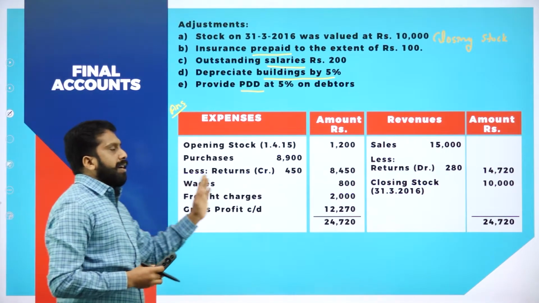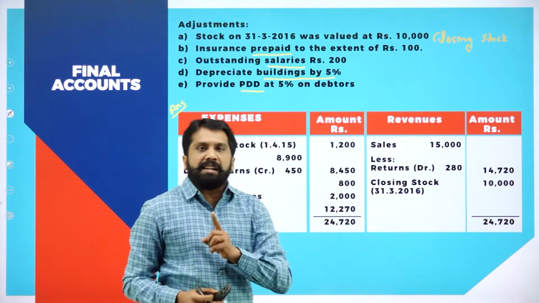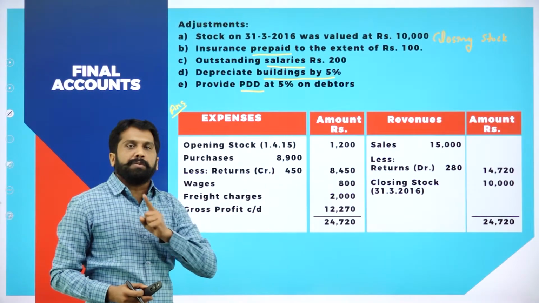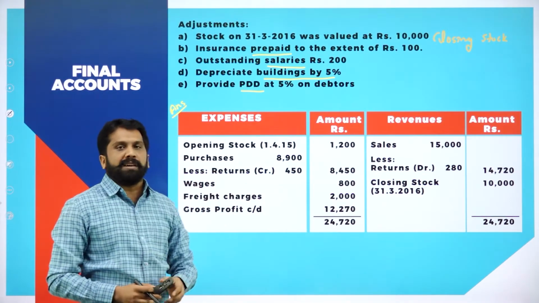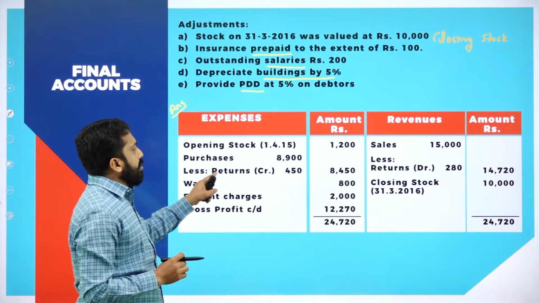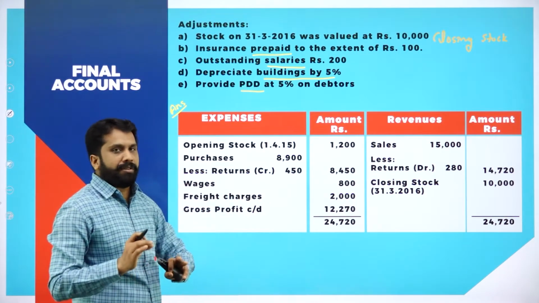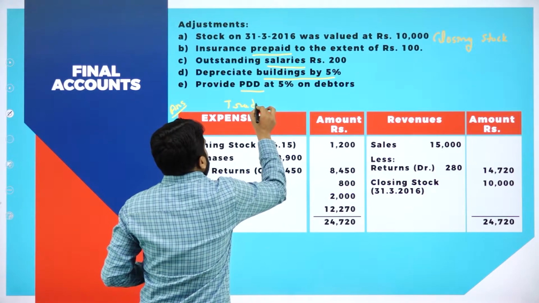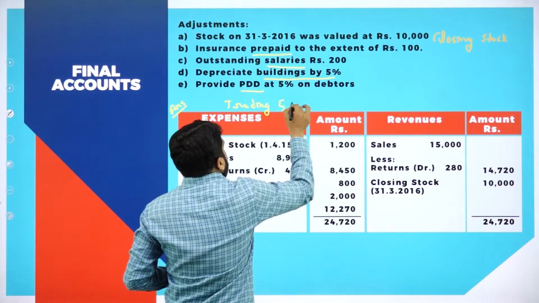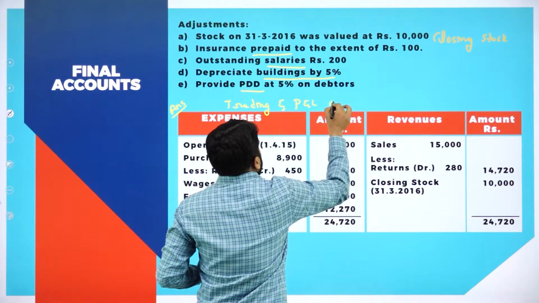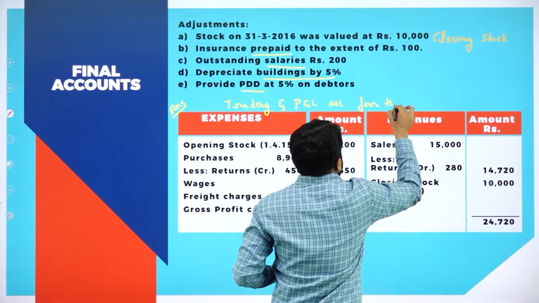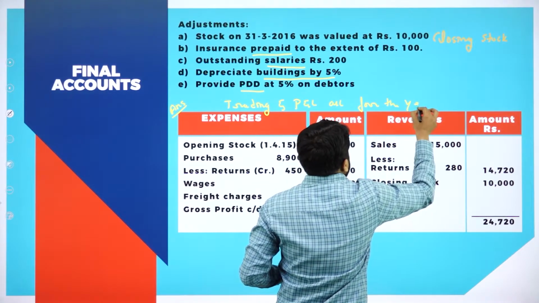Remember, for all the answers I have not given the heading. Why? Because in the class, we will write the heading so that you will remember the heading is a must. What is the first thing? You have started with trading account. You have to mention trading and profit and loss account for the year.